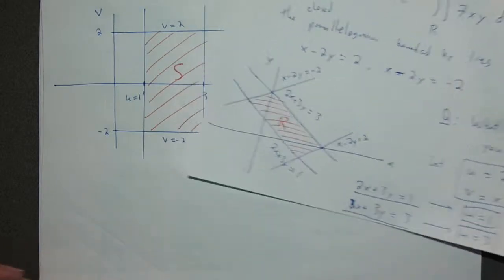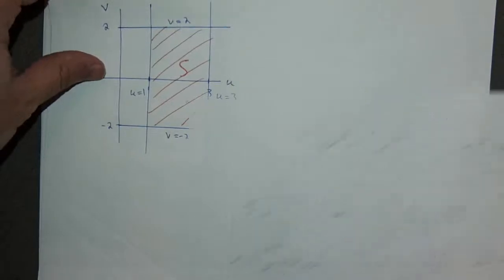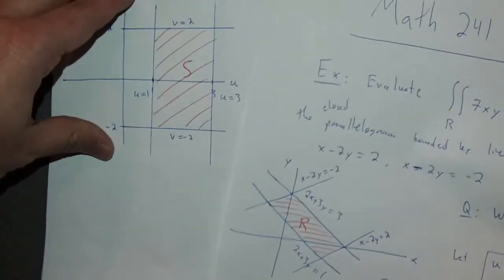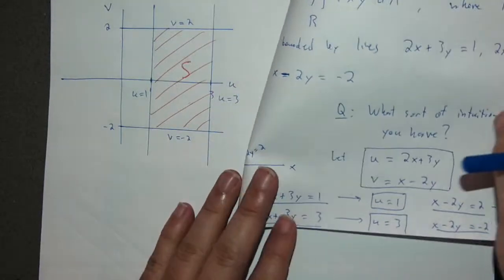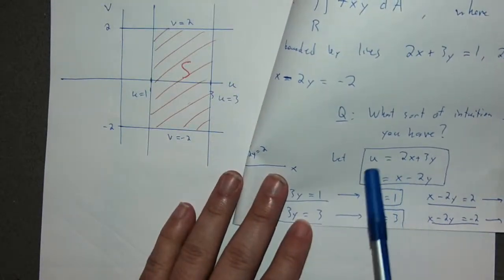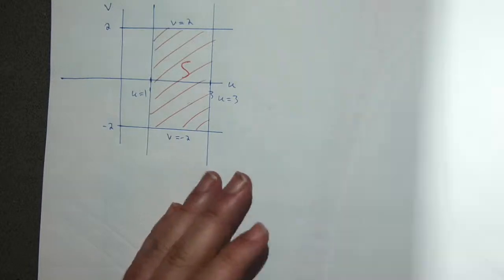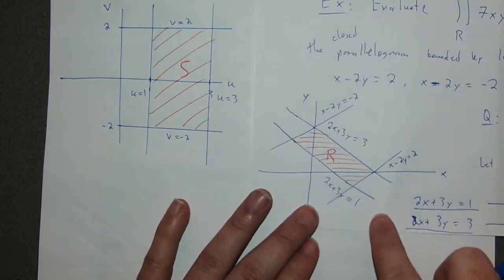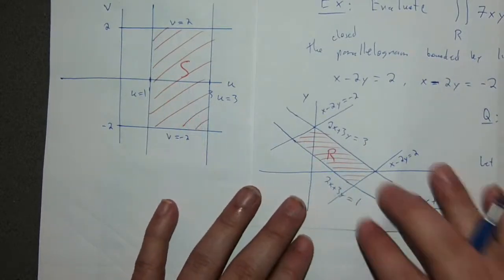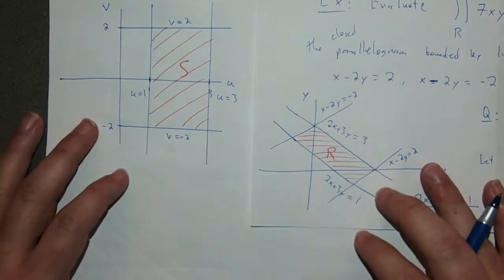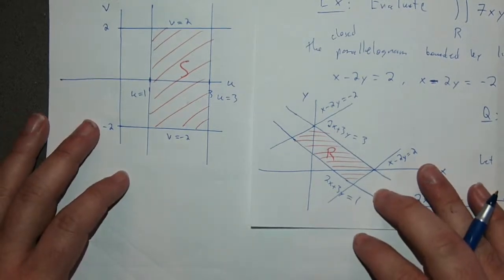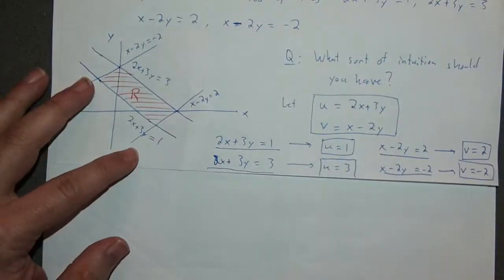Let me bring this back. Okay, so here, maybe let's arrange it like this. What is the problem with what I have written here and the relationship that this has as far as R and S are concerned? Well, what kind of transformation did I define here?